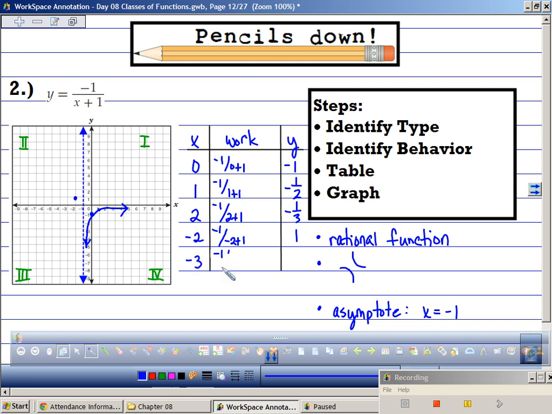What do I get if I put in -3? 1/2. I'm guessing that I'm going to get the same values, only they're going to be positive instead of negative, right? Isn't that the way it's going? So -3, I get 1/2. So if I put in -4, what do you think I'm going to get? 1/3, and so on and so forth. This is going like this, just like we thought.